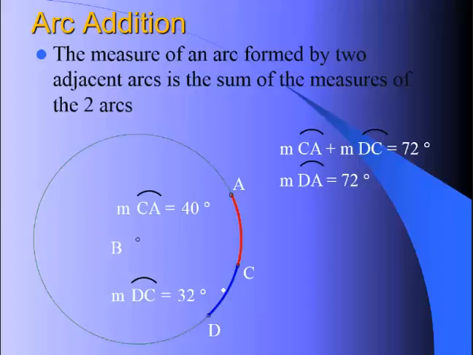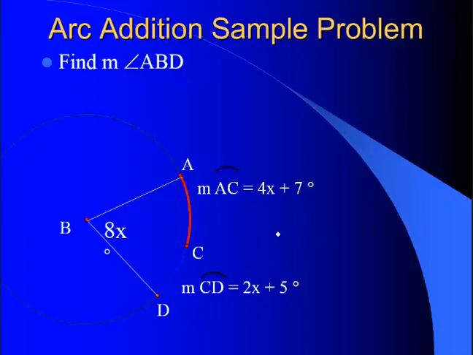But remember, we need to name that new arc with its endpoints, DA. This whole big thing would be called arc DA. We would not use the C because it's not a major arc, it's a minor arc. Don't put the C in there unless you're going all the way around the backside of an angle. Okay, so here we want to find angle ABD.